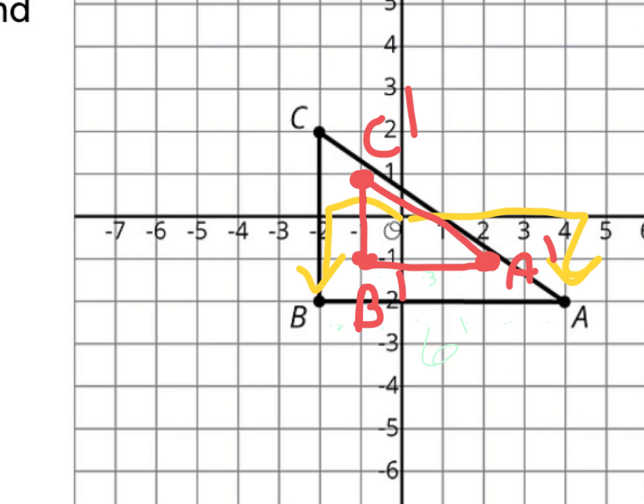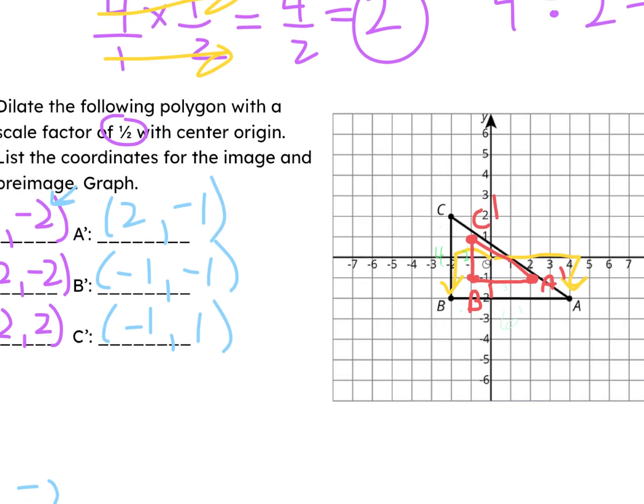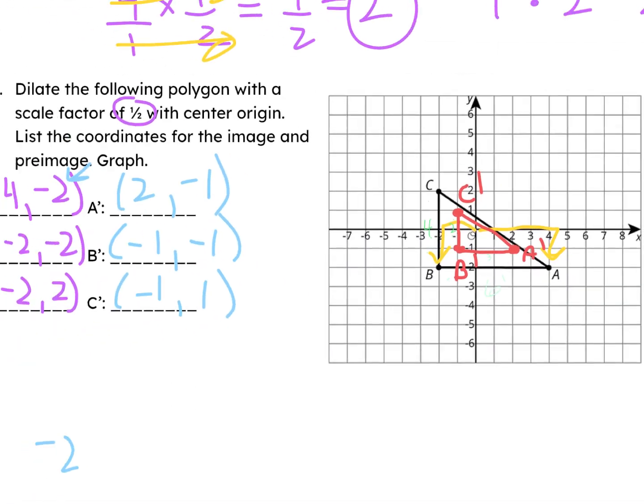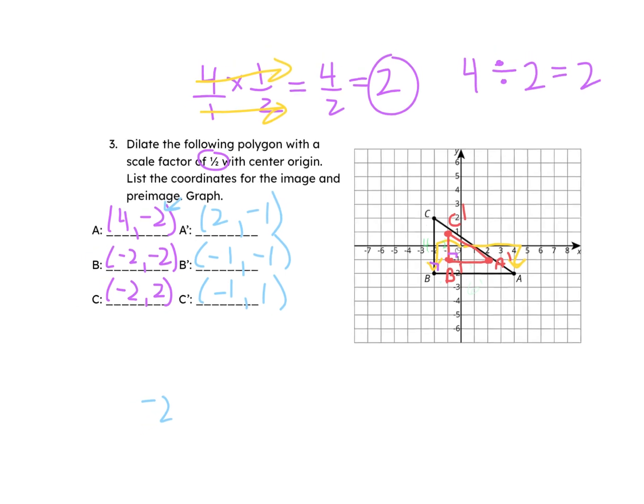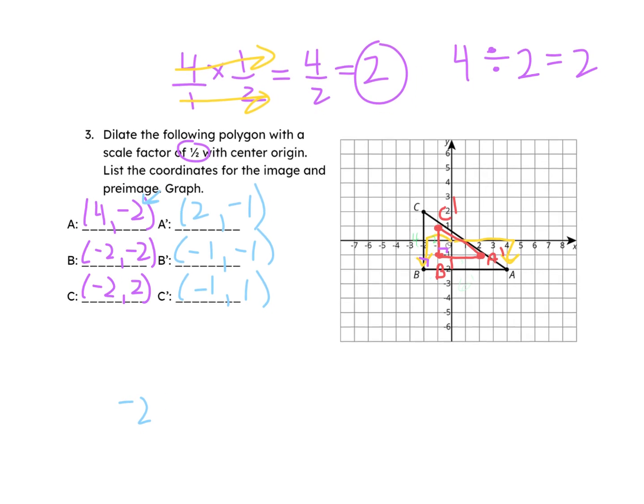And then with the height of this triangle, 1, 2, 3, 4, it's 4 units long, so half of that would be 2 units long. So those dimensions check out as well. Also, all the angles would be the same. So if I took some patty paper and checked out all the angles, you can see I have a right angle inside here, and I have a right angle right here, and then these other angles would all match up as well. All right, so there we go.